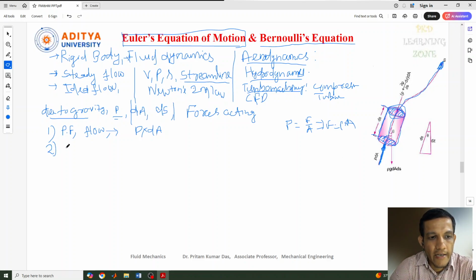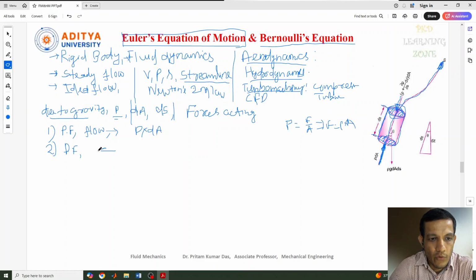Similarly, second, I can write another pressure force on the opposite side, which is opposing the fluid movement. This pressure force will be slightly more, because some pressure is acting here, and if you go some distance, that means some ds length is crossed, definitely there will be some additional pressure acting, which opposes the movement in this direction.